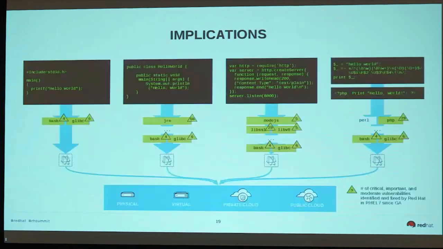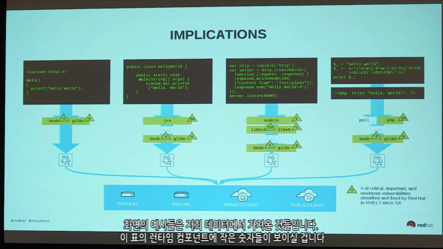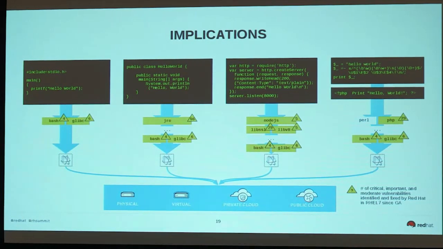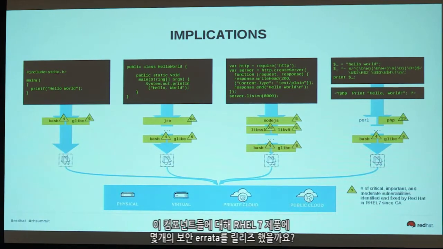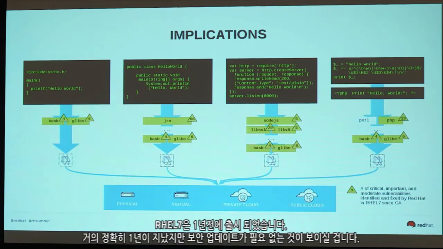That matters. Now, here's an example that I pulled from our data. For the runtime components on that chart, you see the little numbers here. How many security errata did Red Hat release for RHEL 7 for these components? RHEL 7 was launched almost exactly a year ago. So we look at 1 year.